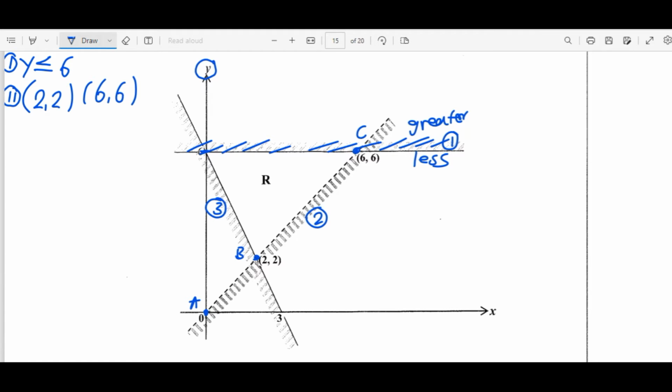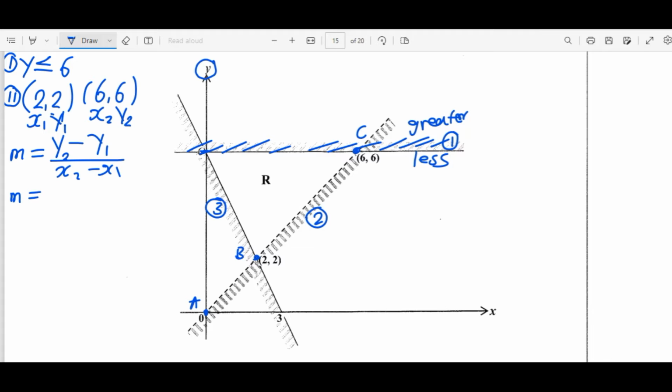So what are we supposed to do here? We need to find the gradient. I'm going to say my x1, x2, then y1, y2. The formula to find the gradient is y2 minus y1 divided by x2 minus x1. So you just have to substitute.